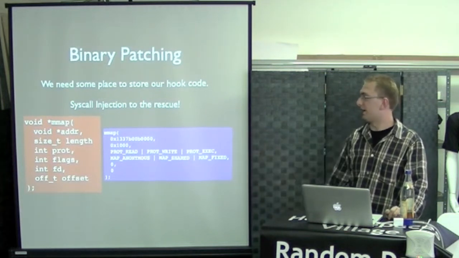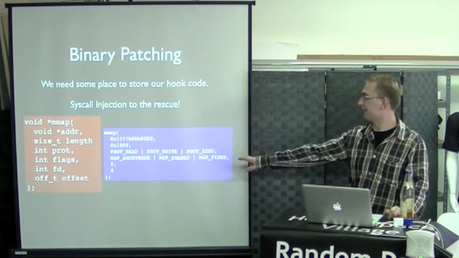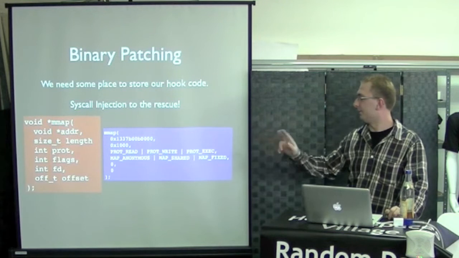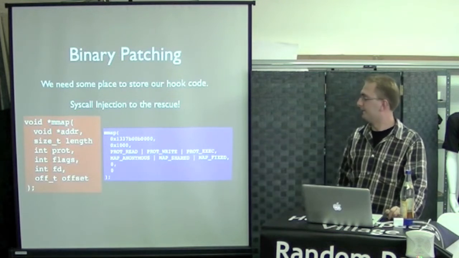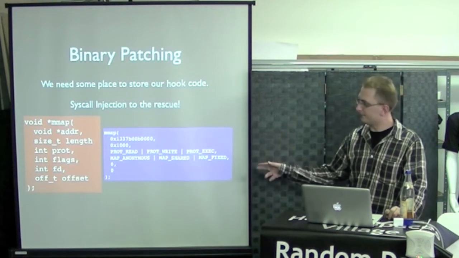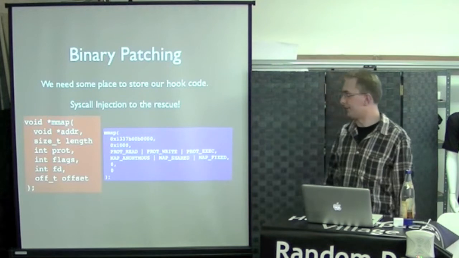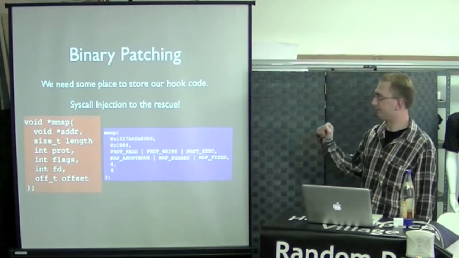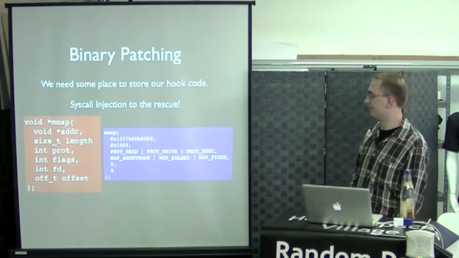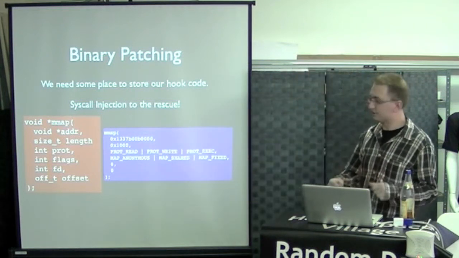We have a size of 4K or whatever it is. We give some protection flags which say this page is readable, writable and executable, which is convenient. We say we want an anonymous shared mapping that is at a fixed address. Fixed is the most important part, because it means that mmap will actually try to do its best to give us a mapping at this exact address, which makes things easier.